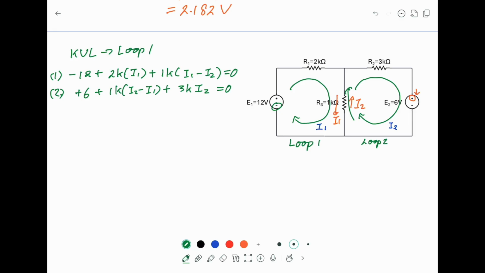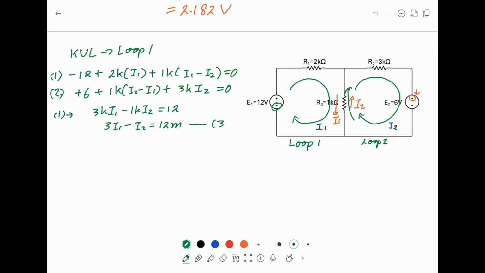Now I will simplify equation 1 using the standard procedure. So you see this is equal to 3K I1, and minus 1K I2 equal to 12. This is equation 3. I can divide both sides by 1000, and this becomes 3I1 minus I2 equal to 12 times 10 to the minus 3. It means 12m.